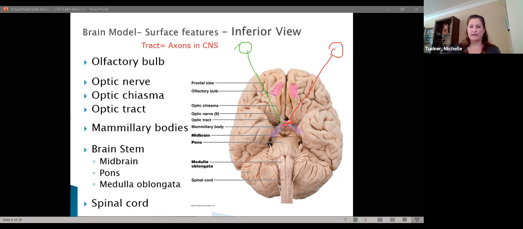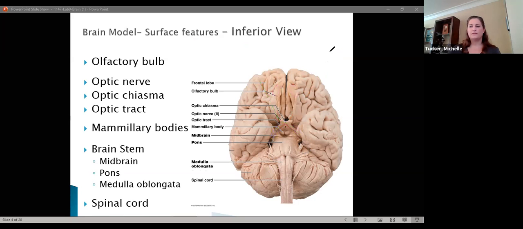So these are tracts, and in a sheep brain dissection, they would be really, really white. They would glisten this beautiful white color because they're heavily myelinated axons, and they are going to continue to run deep through the brain into the occipital lobe for processing.